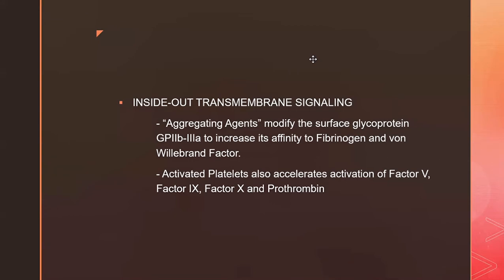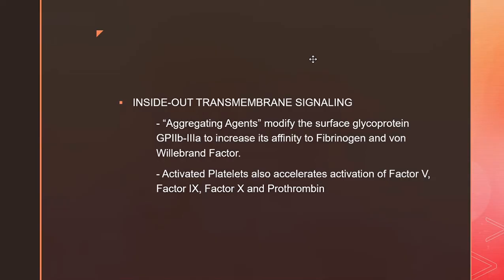So aggregation is needed. Okay? That's the final part of your platelet plug formation, aggregation. Pag walang aggregation, walang gamit. Yung first and second step, mahina yung platelet plug mo. And it is promoted by your fibrinogen, von Willebrand factor, binding to your glycoprotein 2B3A.